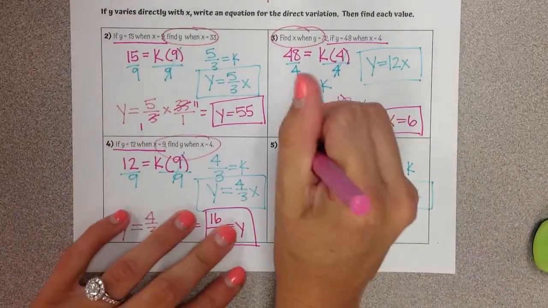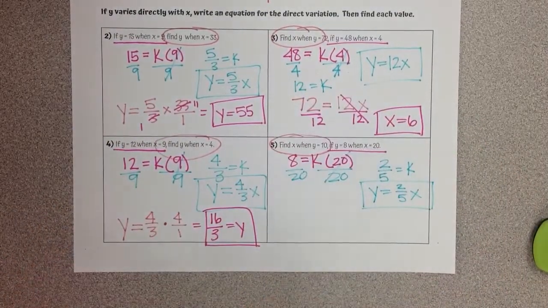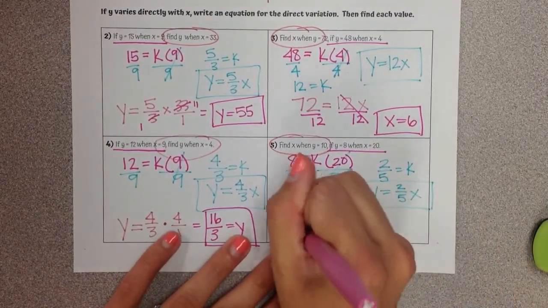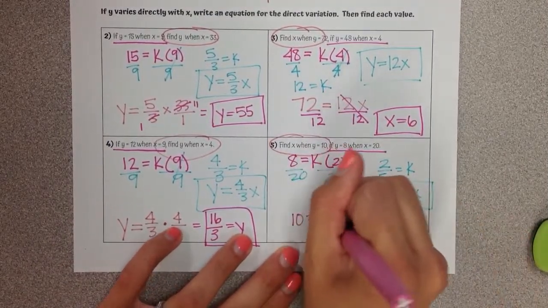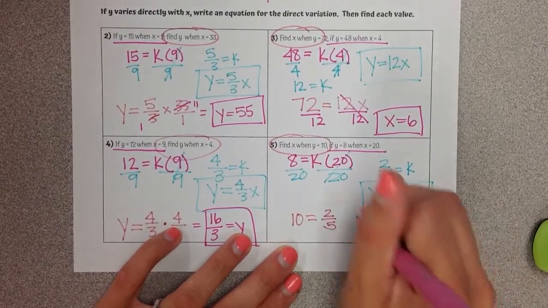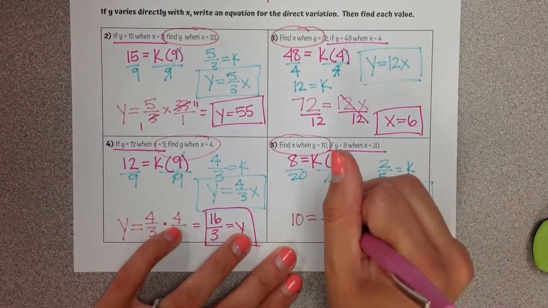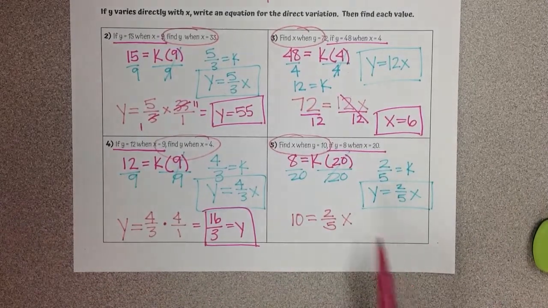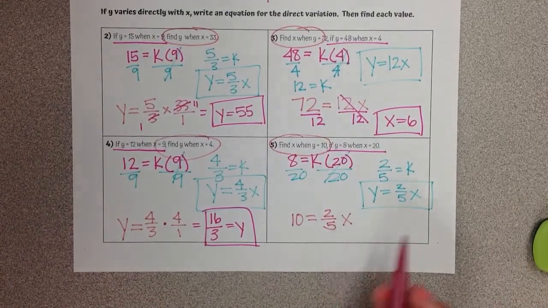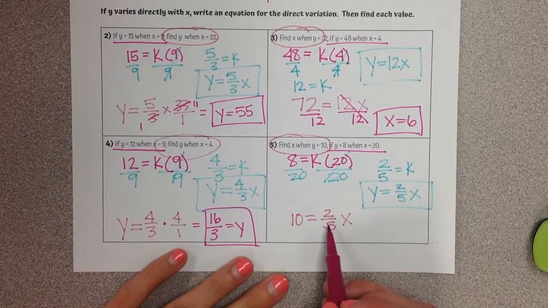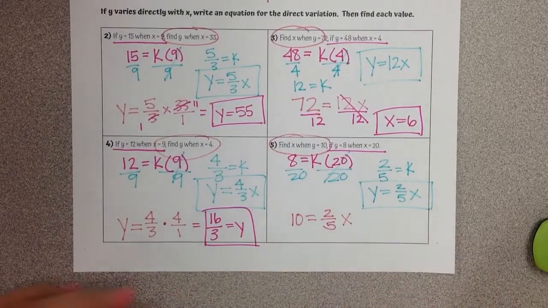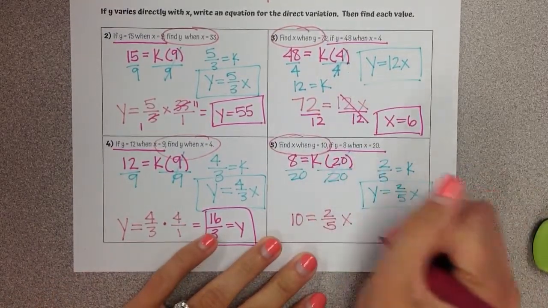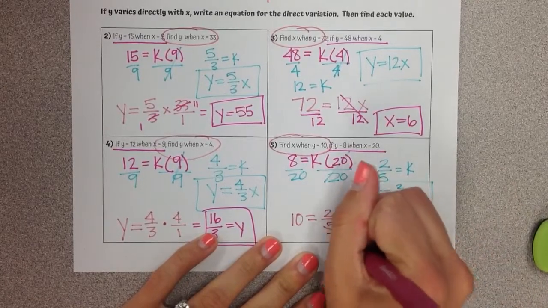Now we got to solve for the unknown. Plug in what we know. We know y is 10. We know our k value is 2/5. We don't know our x value. So if we look at this, we need to solve this equation. X is being multiplied by 2/5, so the opposite would be to divide by 2/5.